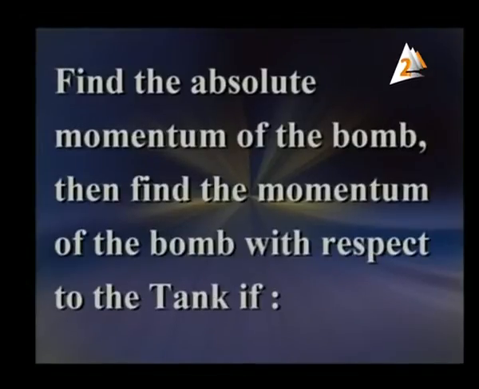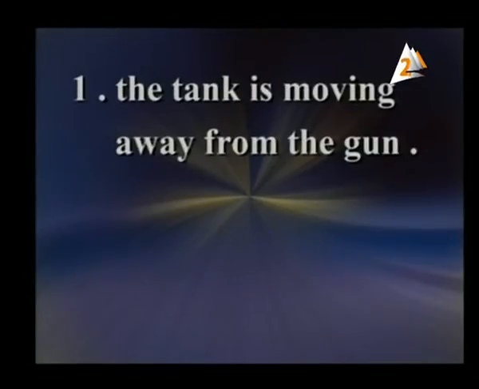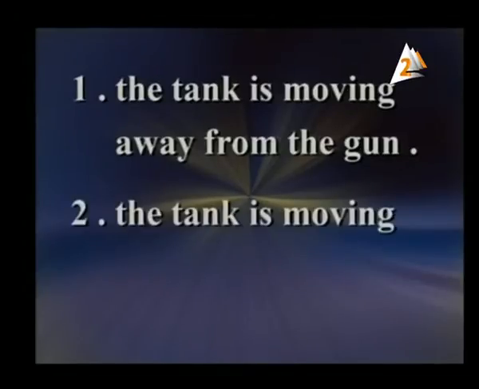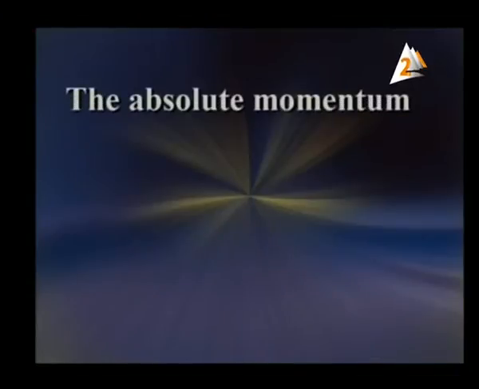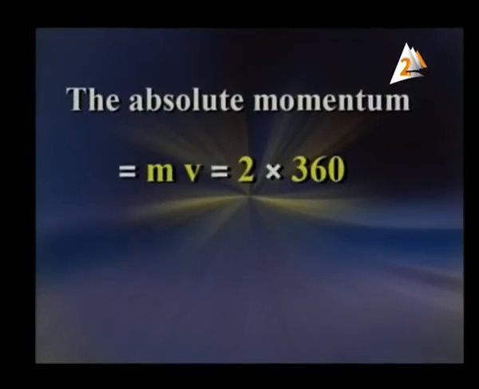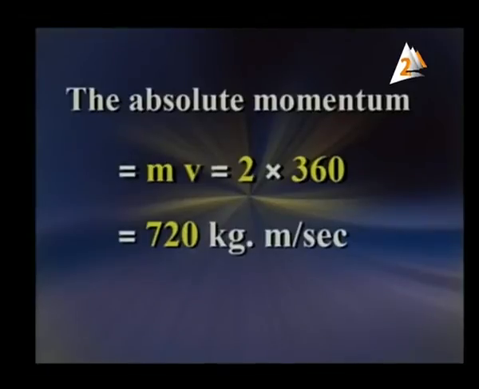Find the absolute momentum of the bomb with respect to the tank if: number 1, the tank is moving away from the gun; number 2, the tank is moving towards the gun. Solution. The absolute momentum equals mv, m equals 2, v equals 360. 2 by 360 is 720 kilogram meter per second.